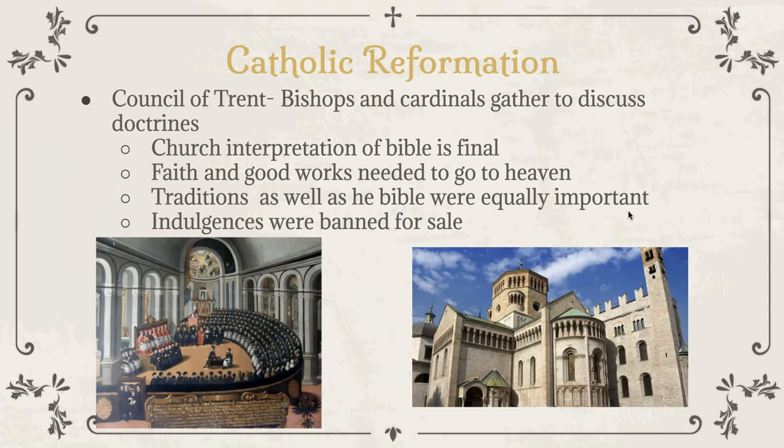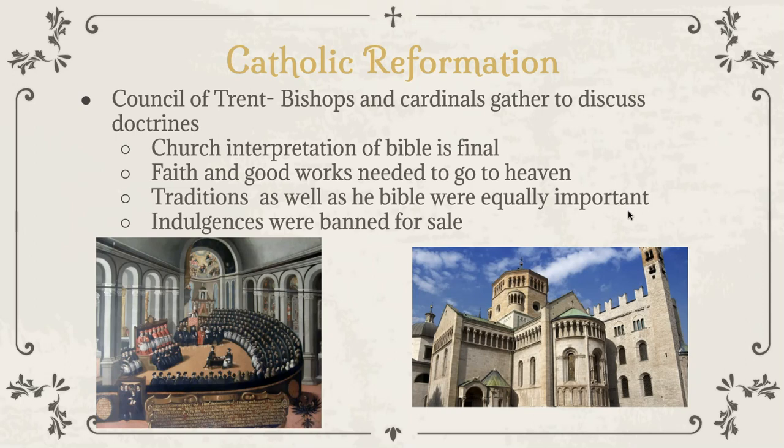They really come up with four things in the wake of the Reformation and these splits from the Protestant branches. They say the church teachings are still final, and the church's interpretation of the Bible is what people need to work off of. They also say that faith and good works are what is needed to get you to heaven, so not faith alone.